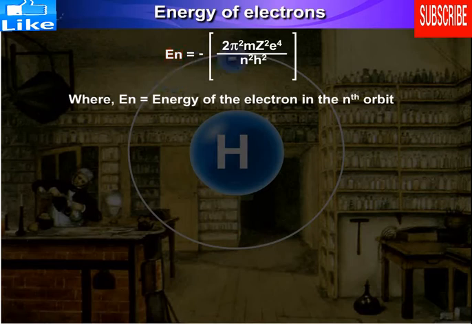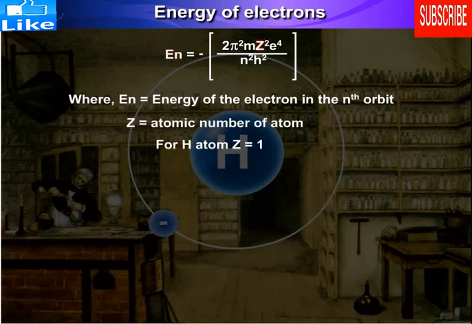where En equals energy of the electron in the nth orbit. Z equals atomic number of atom.